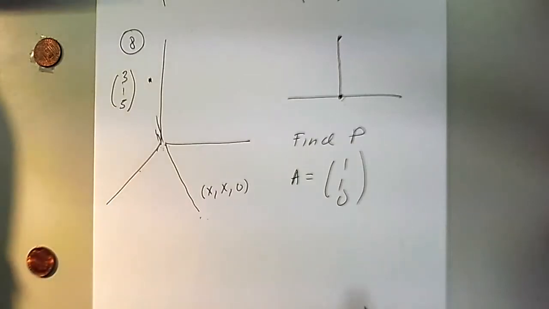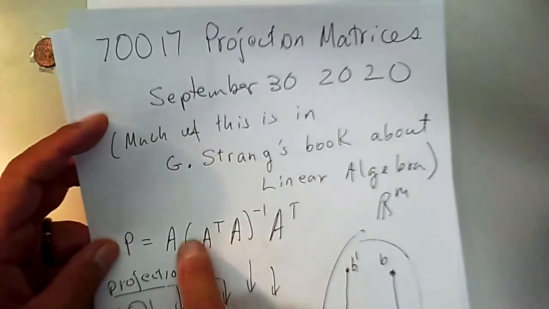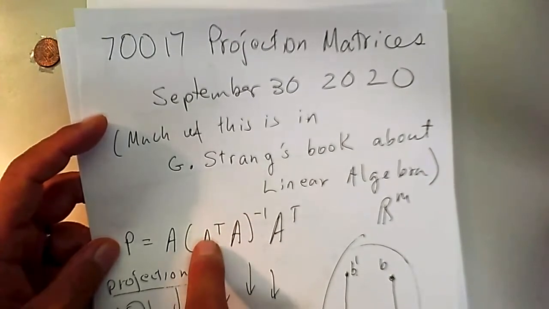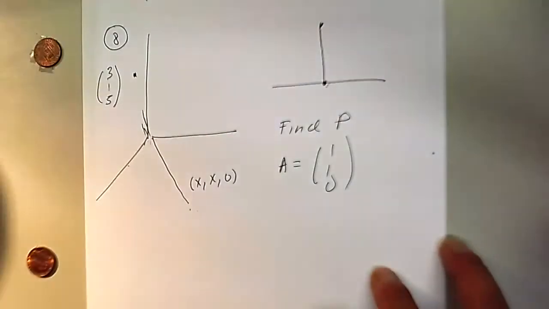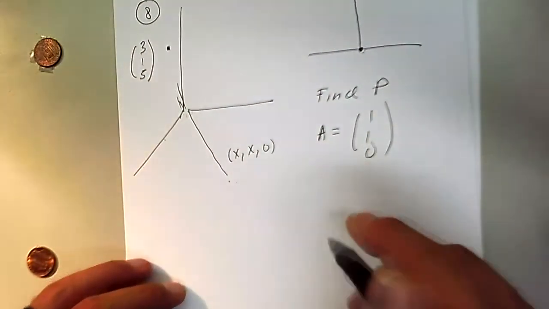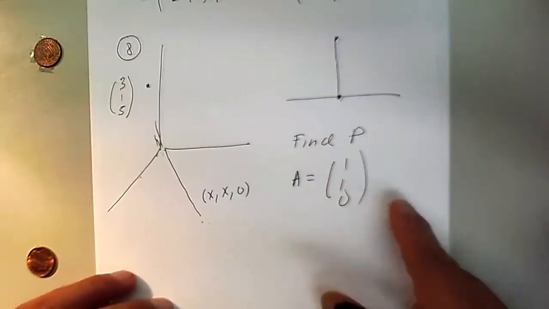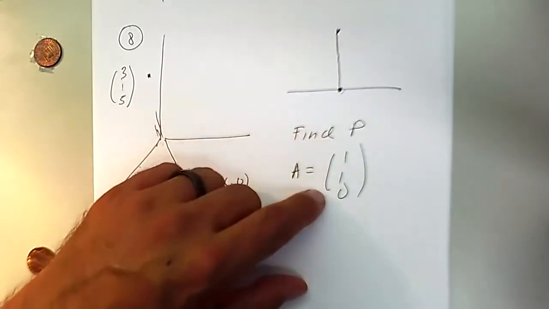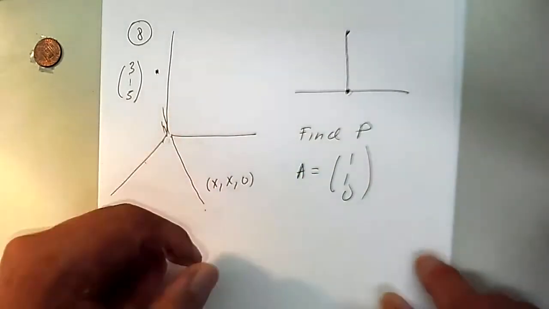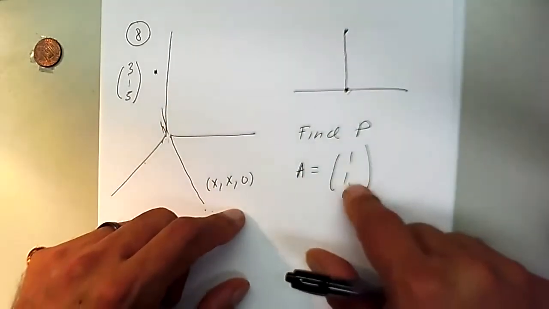So the formula has parentheses here, and so I'm going by PEMDAS, parentheses first. So the transpose with A. So we're going to do 1, 1, 0. Well, I'm going to do it in our head. This is 1, 1, 0 times, horizontally times vertically. So that is really the dot product between this and itself.